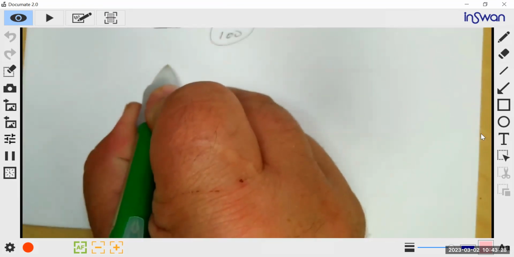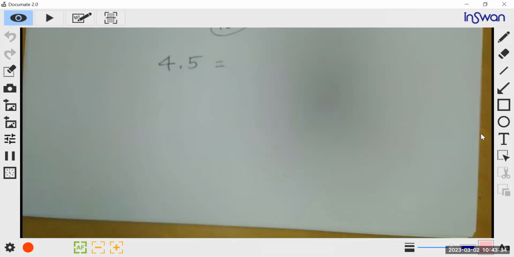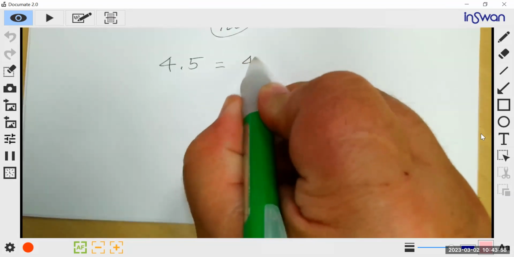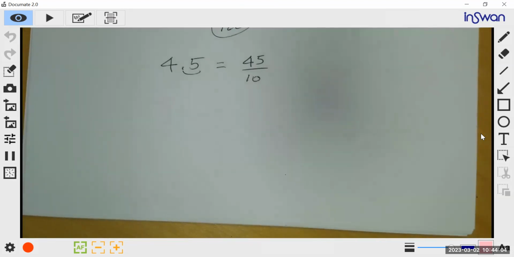Ooh, what if I gave you 4.5? Convert that into a fraction. Right? 45, since it's only 1 decimal place, over 10. Can we simplify? It becomes what?